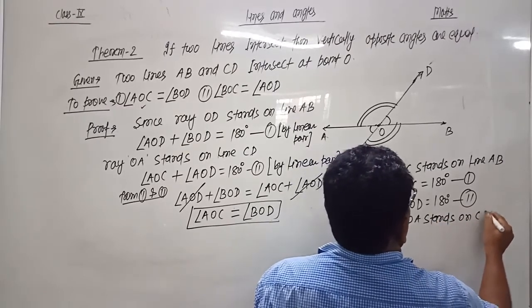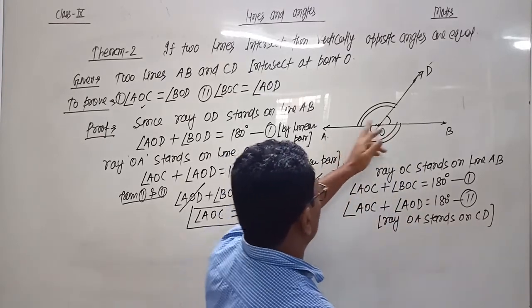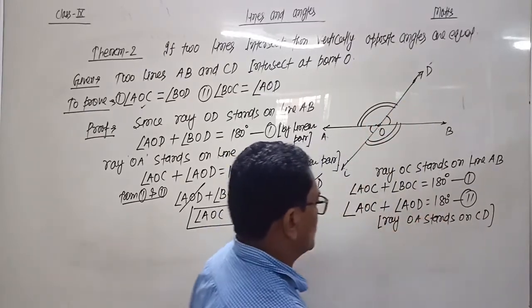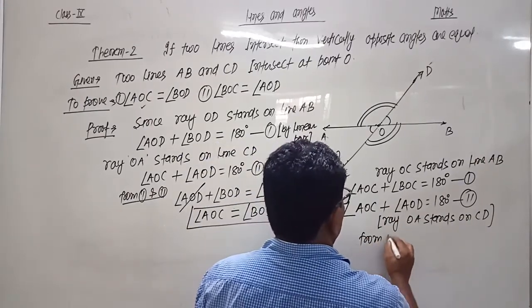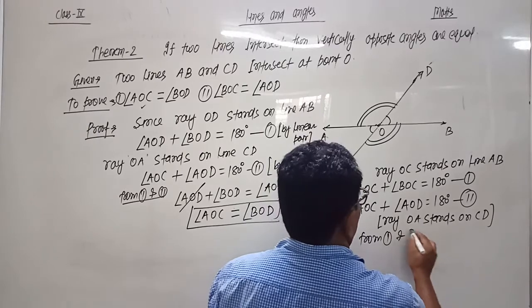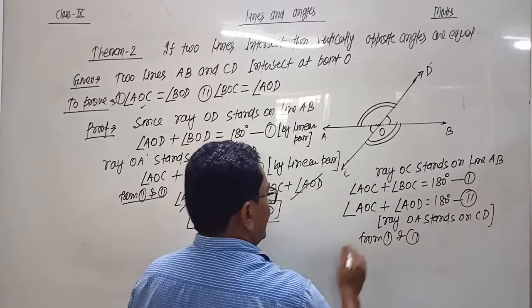So we can write angle AOC plus AOD equals 180 degrees by linear pair. And from the first and second, both have the same RHS. We equate the LHS.